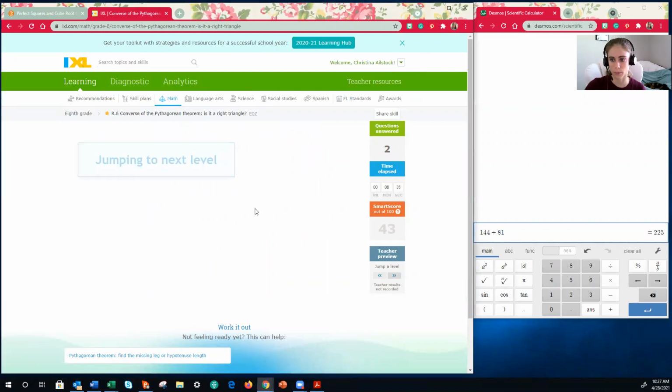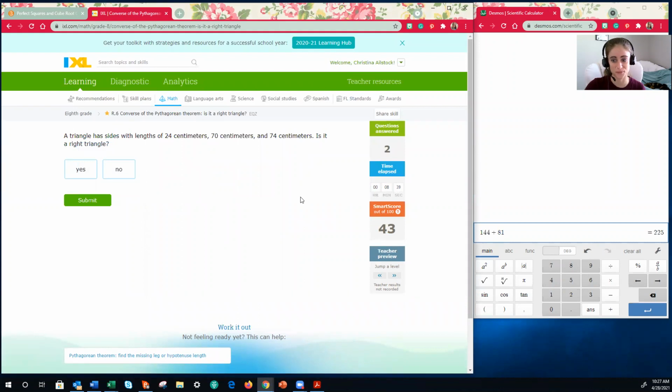All right, let's jump up a level here. Honestly, the only thing that jumping up a level does on this assignment is your numbers are ones that you probably don't have memorized and you'll need to use a calculator for. So a triangle has the side lengths of 24 centimeters, 70 centimeters, and 74 centimeters.